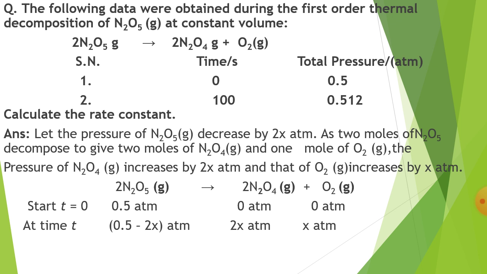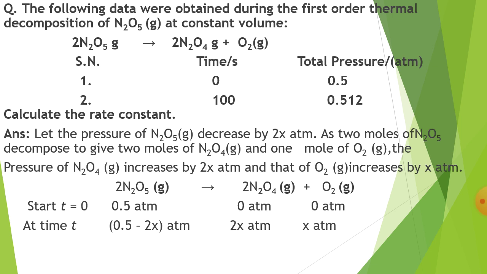The answer: let the pressure of N2O5 gas decrease by 2x. Here 2 molecules are taken. For 1 molecule x, for 2 molecules 2x atm. 2 molecules of N2O5 decompose to give 2 moles of N2O4 gas and 1 mole of O2 gas. The pressure of N2O4 increased by 2x atm and that of O2 gas increased by x atm.